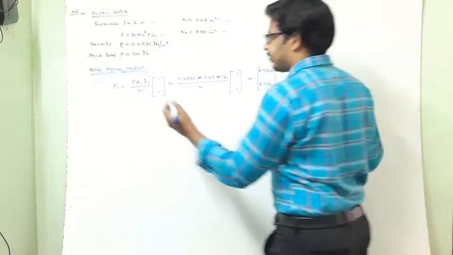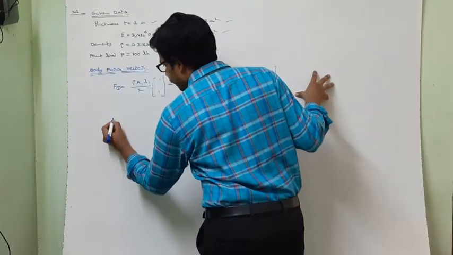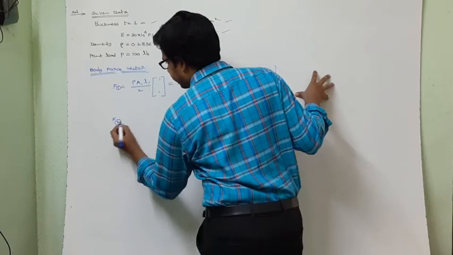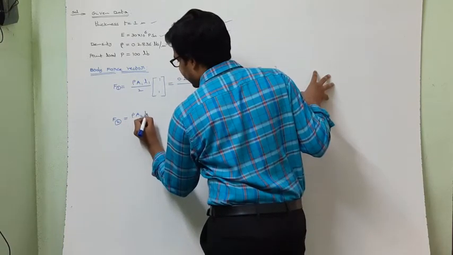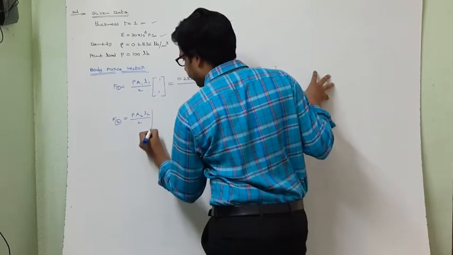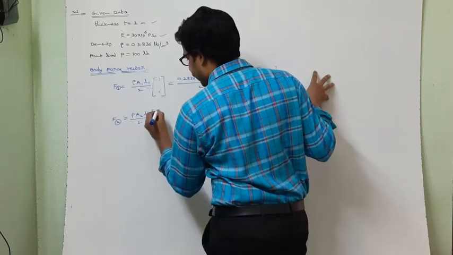So coming to the second one, the body force for the second element. Here density is common, area of cross section A2 and length of the element L2 divided by 2, into 1 and 1.